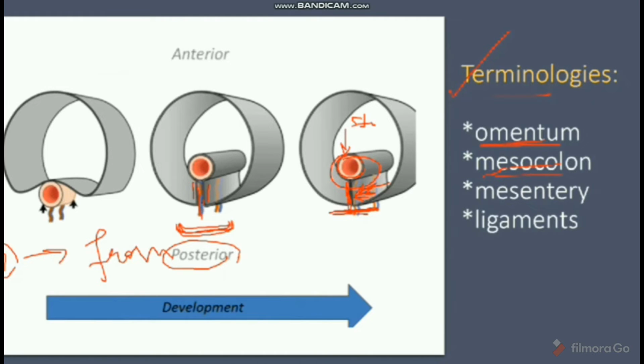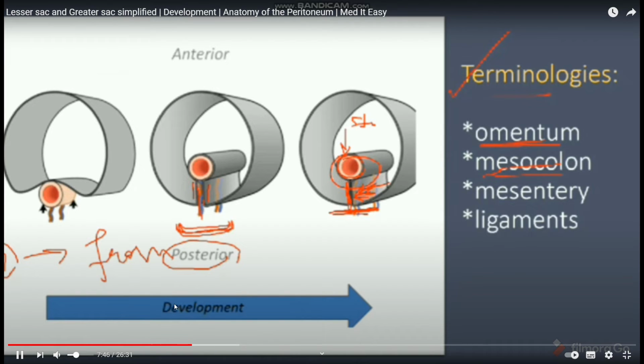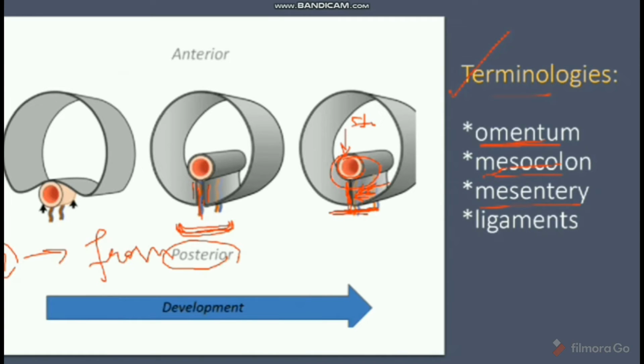Alright? And if this gut tube here was a small intestine, then the ligament will be called a mesentery. And if this is anything besides your stomach or small or large intestine, then any other organ like liver, spleen, etc., you will be calling it a ligament. Alright? So fine, so let's move ahead.